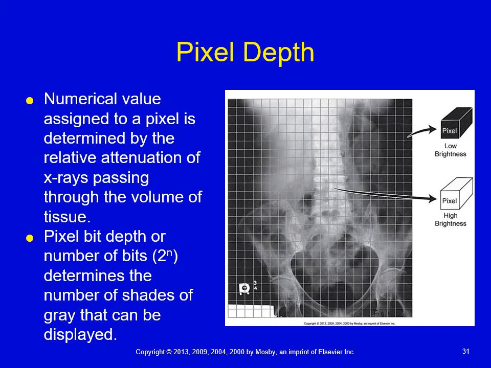All right, one more example: if we have a 12-bit system or 12-bit image, 2 to the 12th power, if you calculate that up, there are going to be 4,096 shades of gray available for the assignment of those different pixels in the matrix.